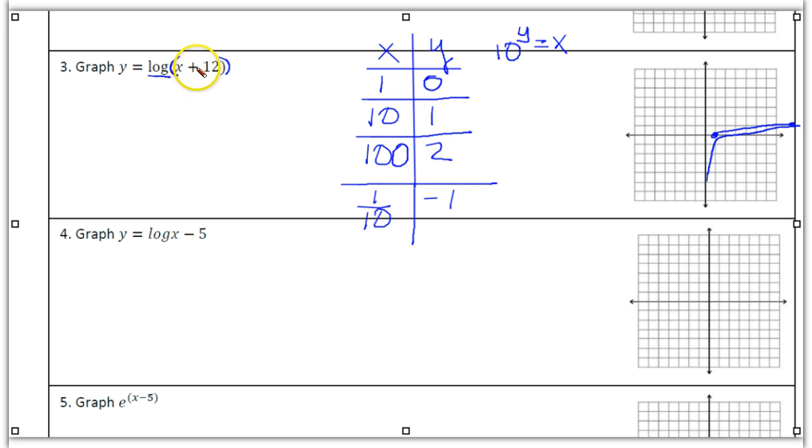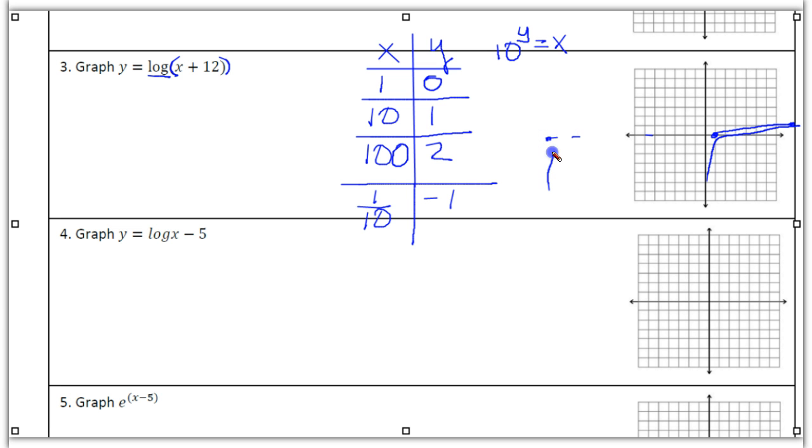Well, again, we reverse the sign and we're going to move this whole graph over 12 units this way. So 1, 2, 3, 4, 5, 6, 7, 8, 9, 10, 11, 12 out here.